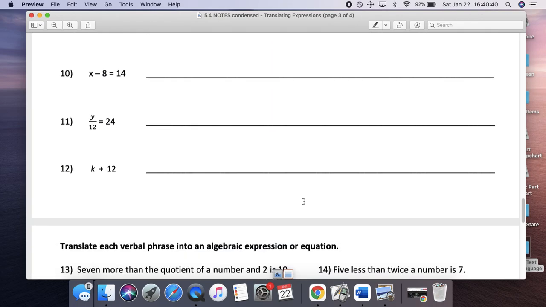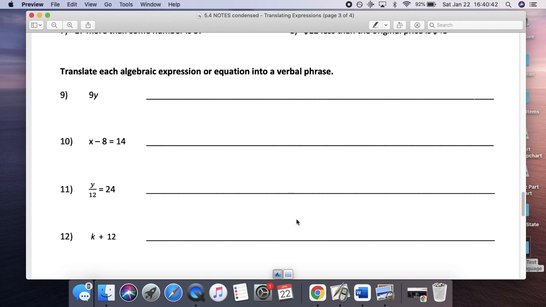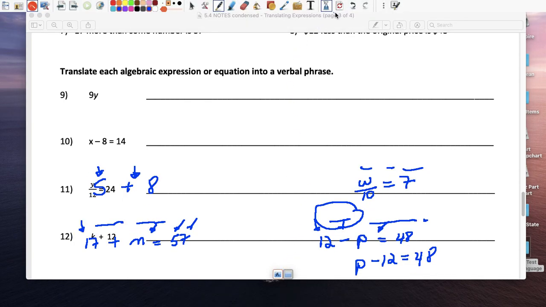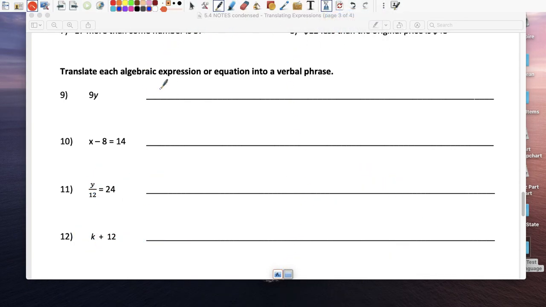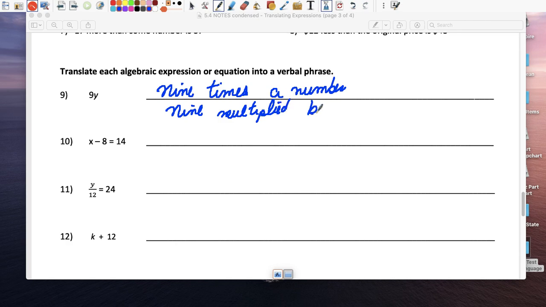Now here you're supposed to write the expression, and you can write it in several ways. So we can say 9 times a number that I don't know. We can say 9 multiplied by a number.